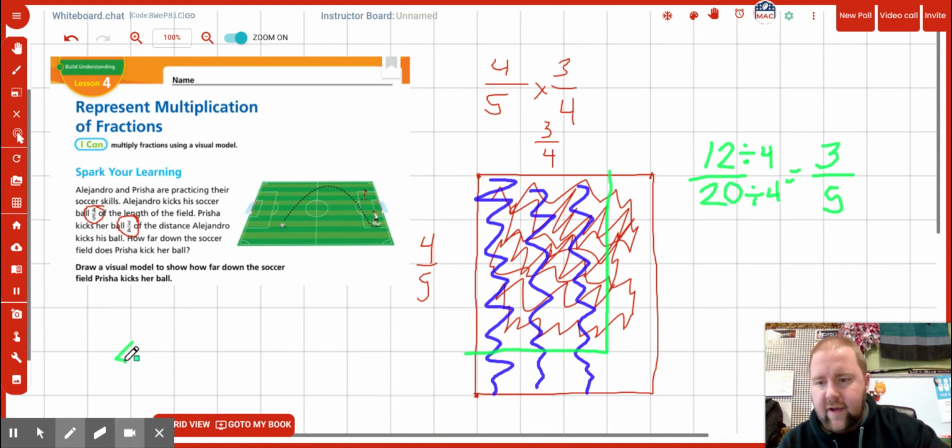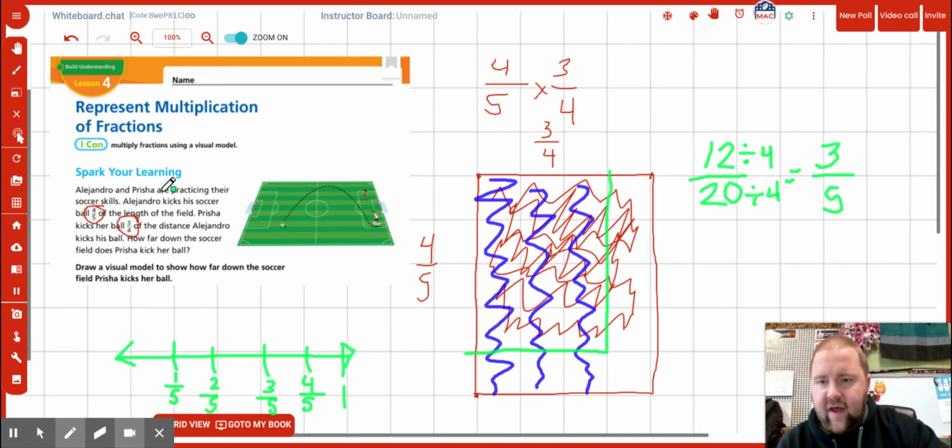Let's do a number line down here. So if we said this is our whole, okay, so this would be 1/5, 2/5, 3/5, 4/5, and then the whole is one whole.